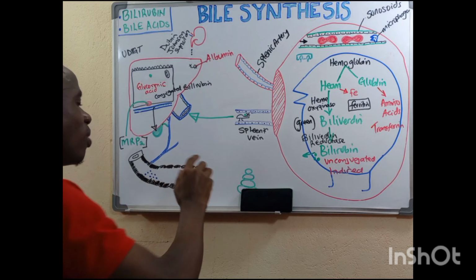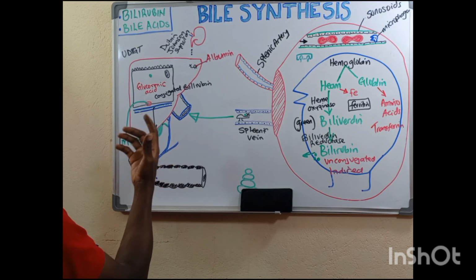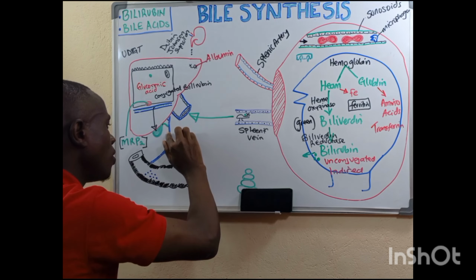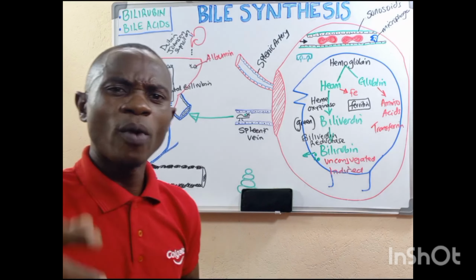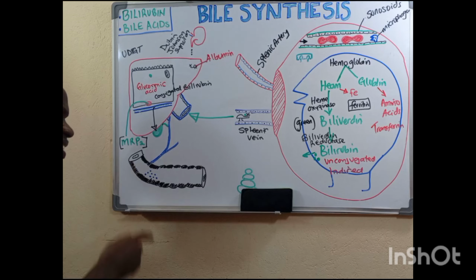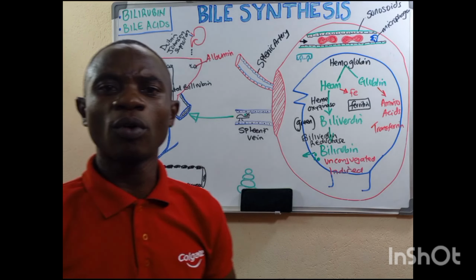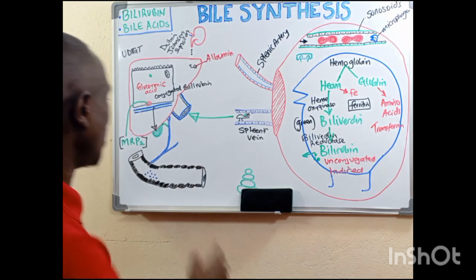Now from the gallbladder, following a meal, all the components of the bile are going to be moving through the biliary tract system into the intestines. Now when conjugated bilirubin reaches the intestines, we have bacteria with tons and tons of different enzymes.